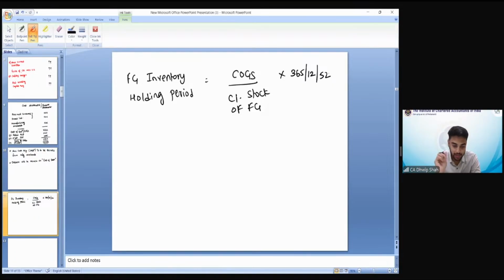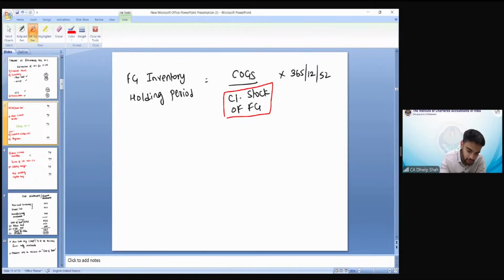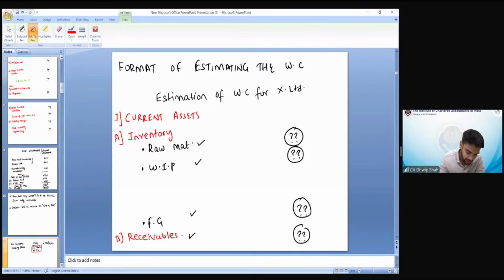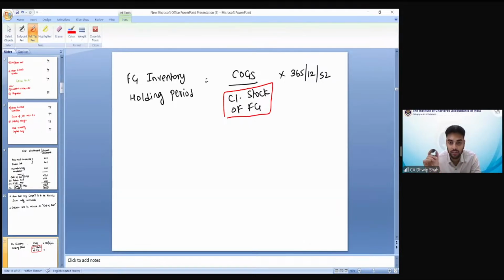So now in this chapter, we have to calculate this figure. We need the amount of inventory. In this format, we need to calculate the stock inventory of FG. So can you just transposition the formula and help me in finding a formula?